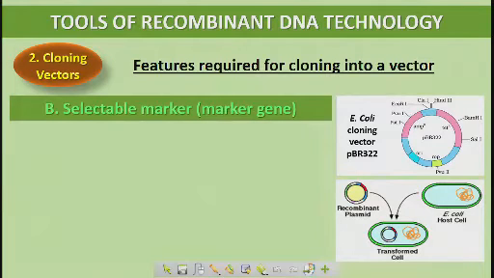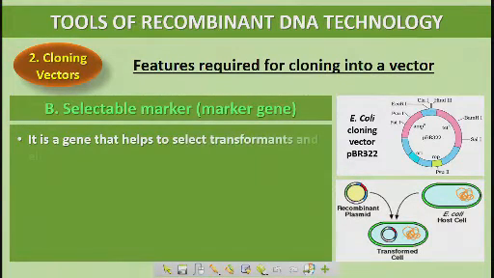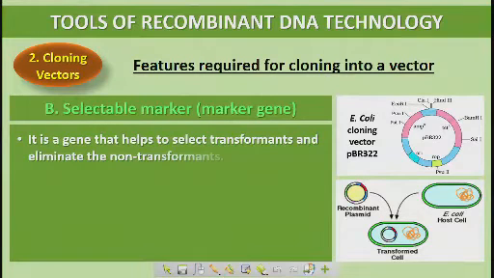The cloning vector must have the selectable marker or the marker gene. Marker gene is a gene that helps to select transformant and eliminate the non-transformants.